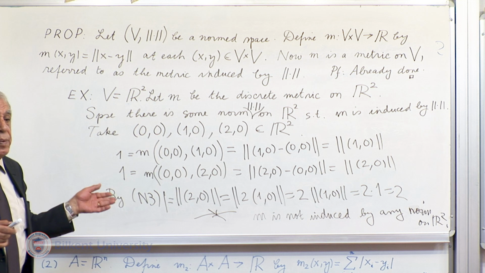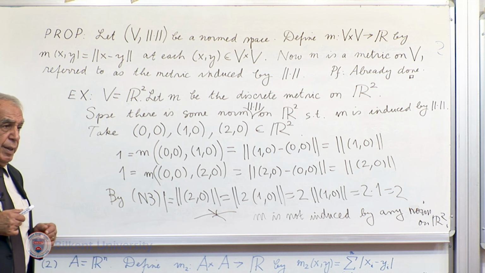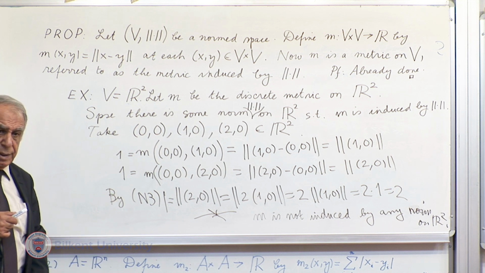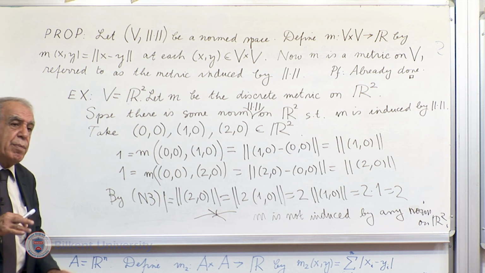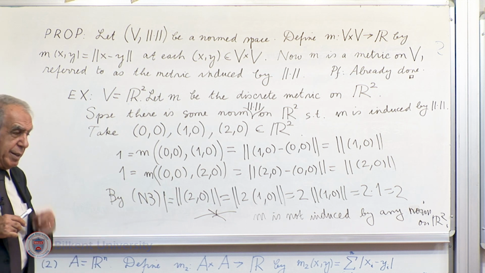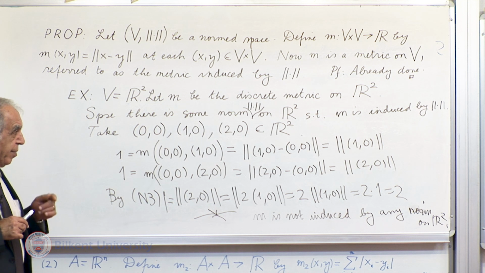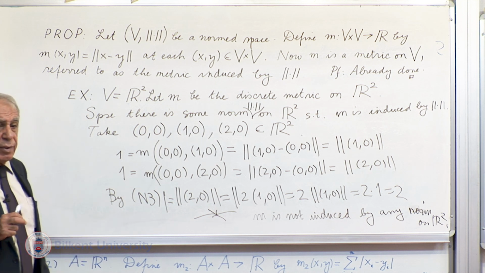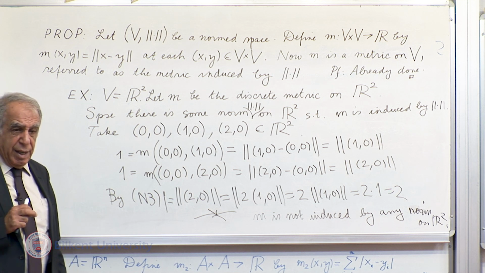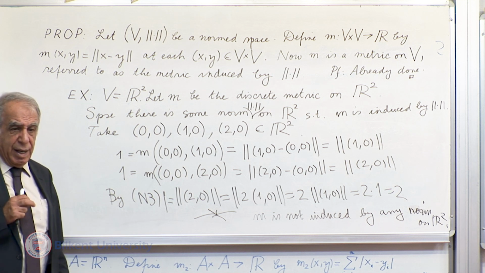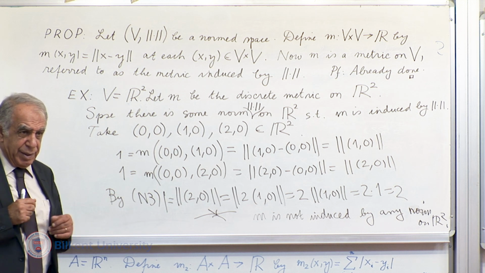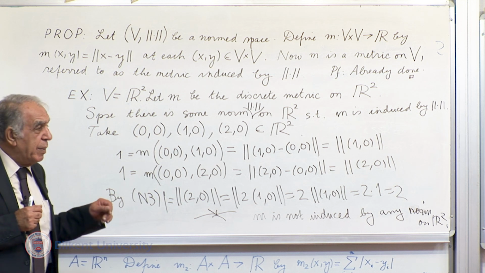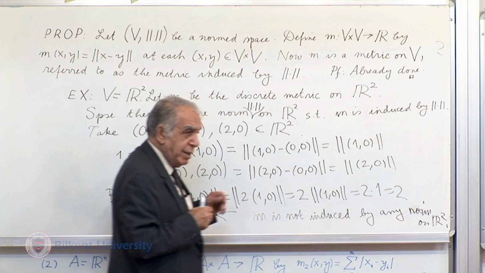In the sequel, we will do a lot about metric spaces. We will work mainly in metric spaces. But now we have to proceed in constructing a topological structure. That's what we'll start with in the next section.